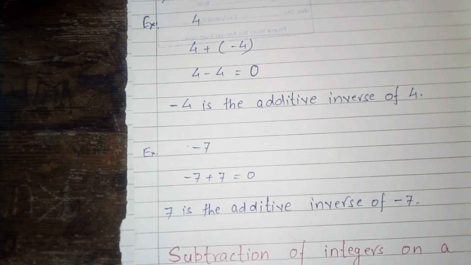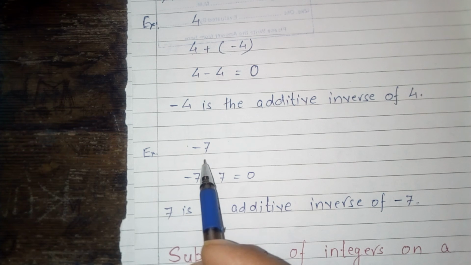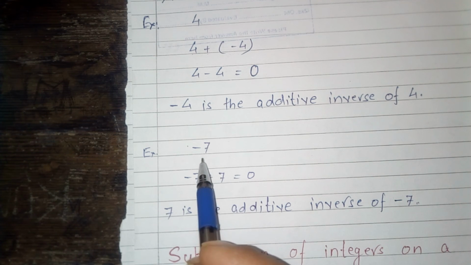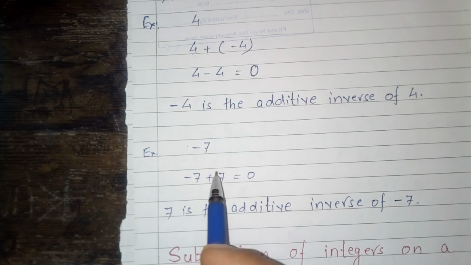I have one more example for you. Suppose you have one integer, minus 7. Which number will you add to minus 7 to get 0?